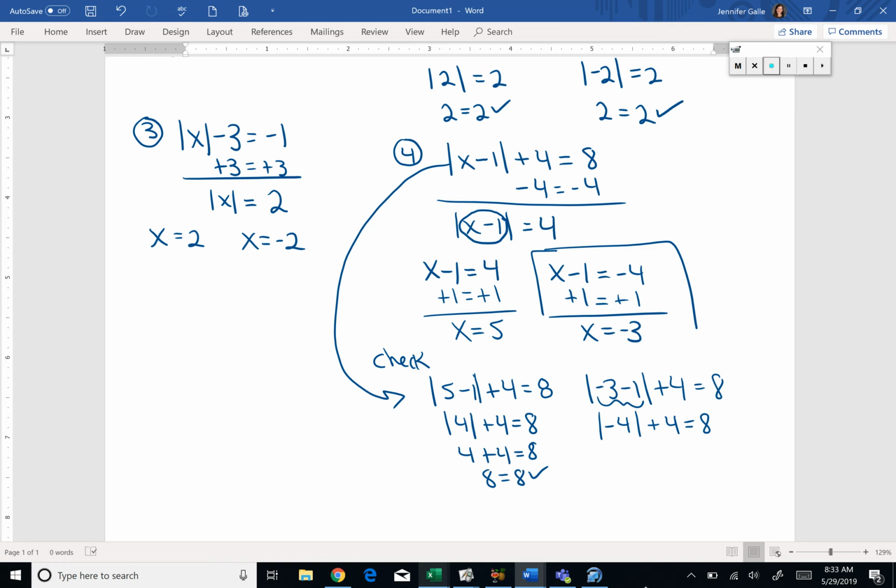Absolute value of negative 4 is 4. And again, we get 4 plus 4 is 8. So they both check. If you were one of my people that put 5 and then negative 5 as a solution, if you tried negative 5 in there, it's not going to work. 5 will work, but negative 5 won't. So be careful on that.